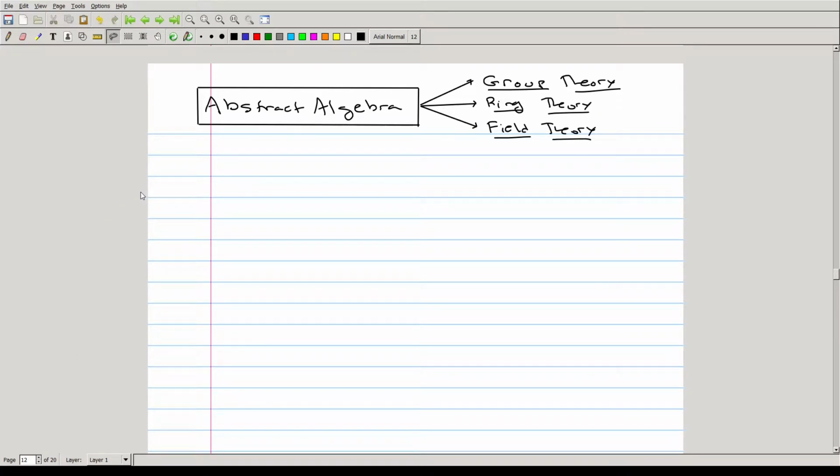So the idea is that in this part of this lecture, we're just going to describe some of these algebraic structures and see how they tie in with what we've been talking about over the course, and specifically in respect to modular arithmetic.